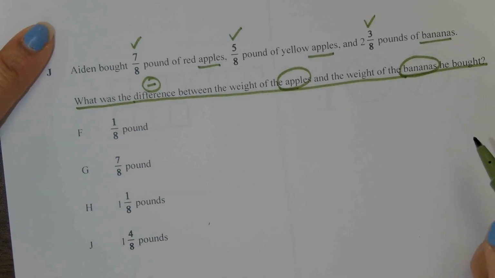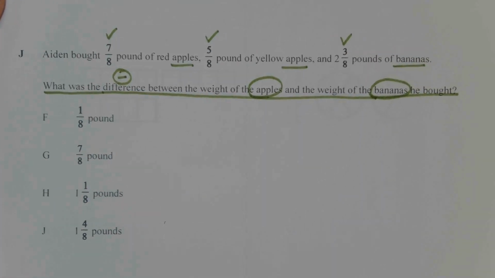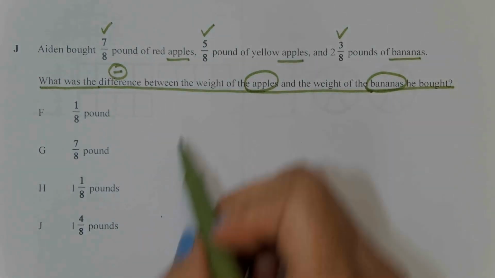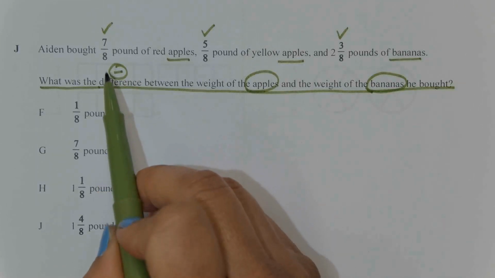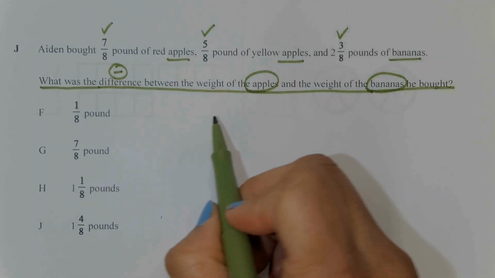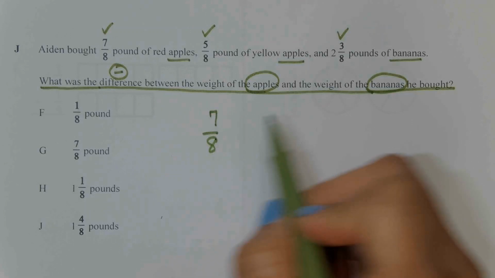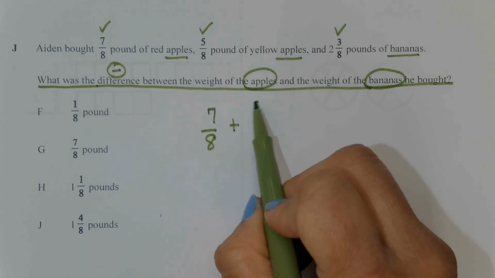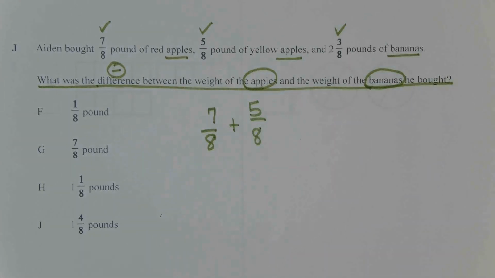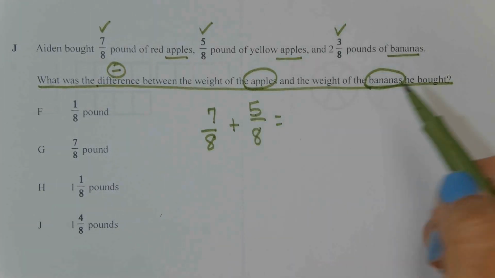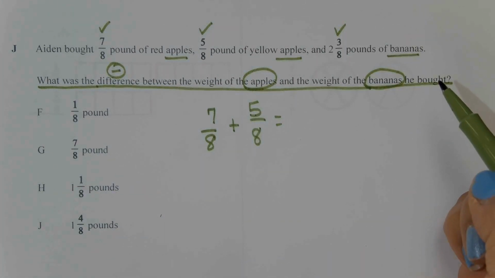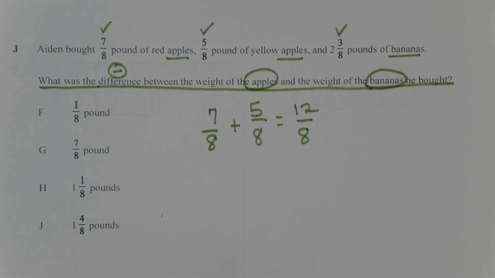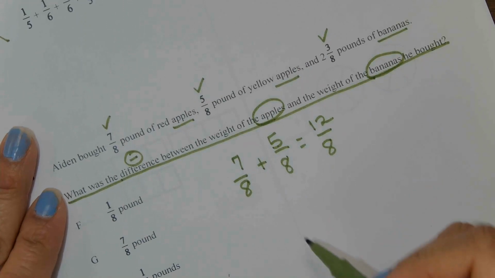So what am I going to do in this problem? First I need to find the weight of my apples. So my apples weigh 7/8. I'm going to write 7/8 for my red apples, and then plus 5/8 for my yellow apples. So 7 plus 5, 7, 8, 9, 10, 11, 12 is 12 over 8. I'm going to go ahead and draw my model.